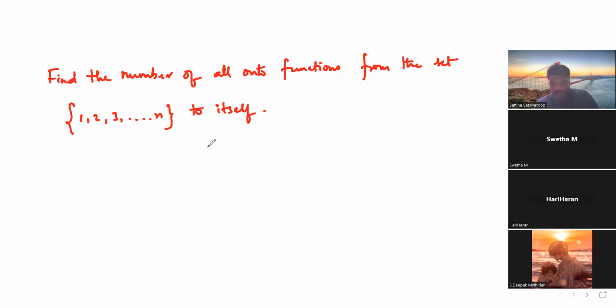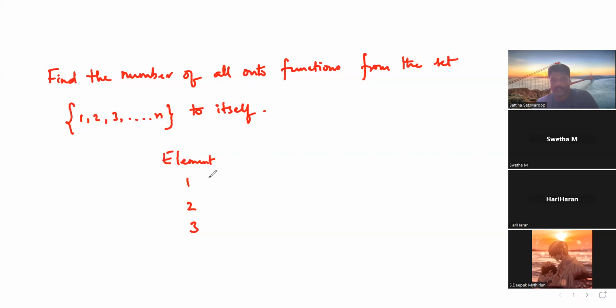So for example, let us say I'm taking three values, 1, 2, 3, a textbook question.